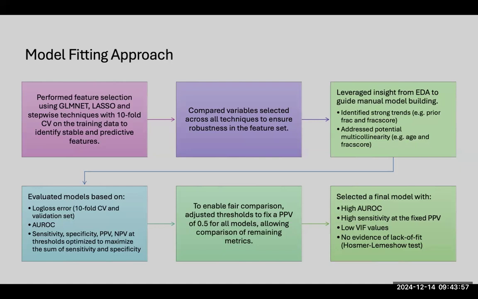To ensure a fair comparison, I adjusted thresholds to fix a PPV of 0.5 for all the models, which allowed for an apples to apples comparison of the remaining metrics. And I selected a final model by looking for a high area under the ROC curve, high sensitivity at the fixed PPV, as well as low VIF values and no evidence of lack of fit.